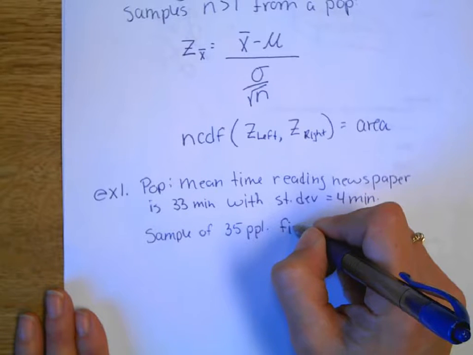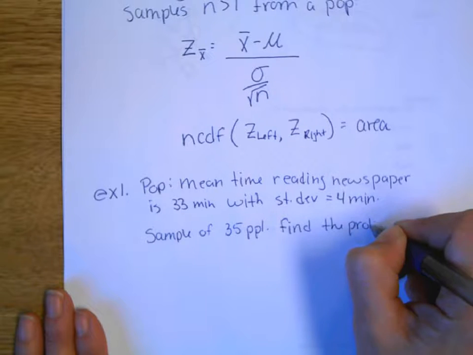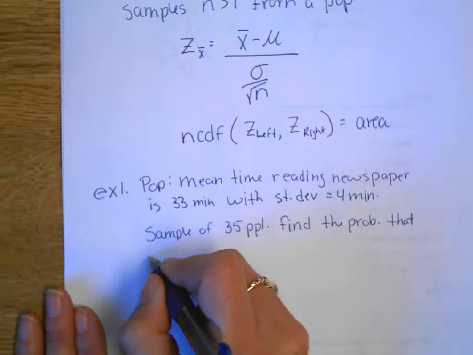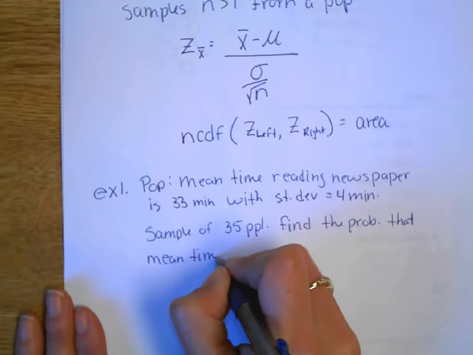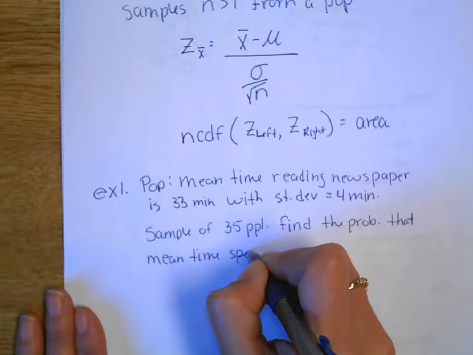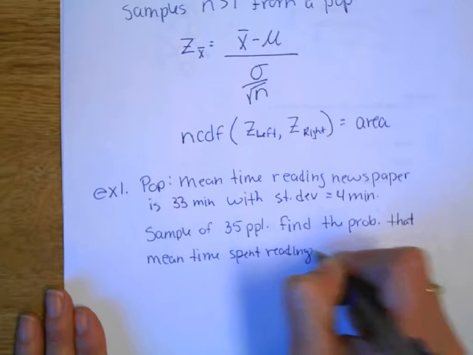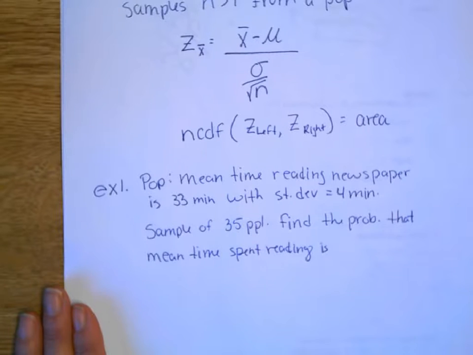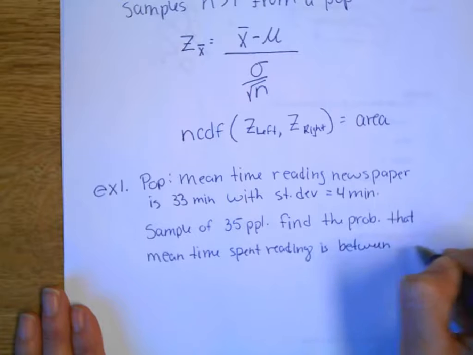Can you find the probability that the mean time spent reading is between 30 and 34 minutes?